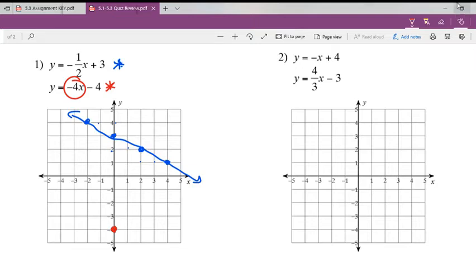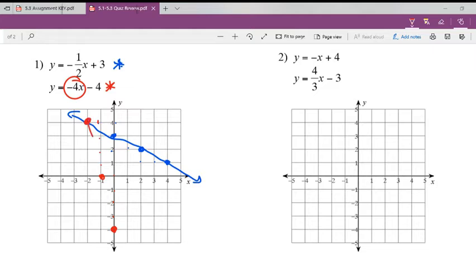Now, can I fit counting down 4 here? No. So instead of counting down and to the right, I should do what? Up and to the left. Good. So I'm going to count up 1, 2, 3, 4, left 1. And then do it again. 1, 2, 3, 4, left 1.